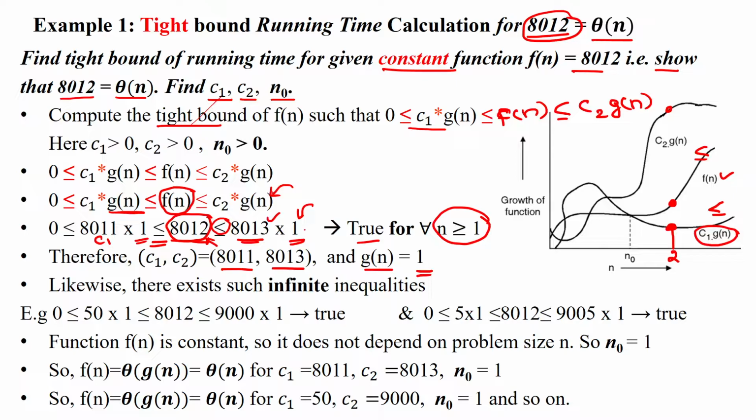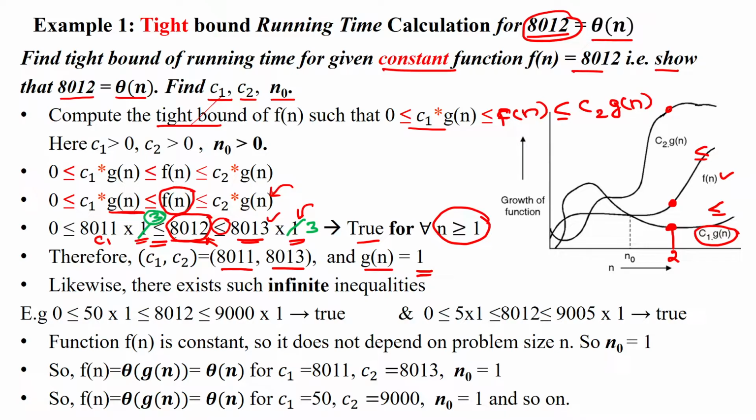Suppose you are taking the constant function 3. When you substitute 3 here, that is 8011 into 3, which is not satisfying, so we cannot take the 3.